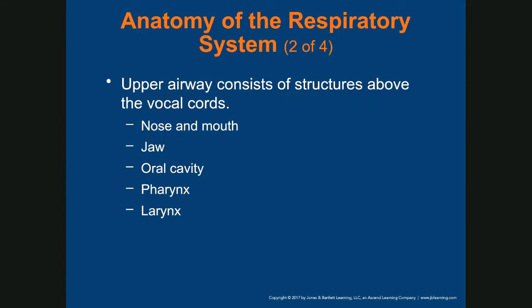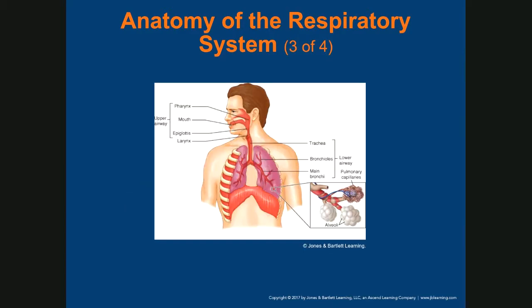The upper airway consists of structures above the vocal cords: the nose, mouth, jaw, oral cavity, pharynx, and larynx, where we have the vocal cords. And remember that anything above the larynx is considered upper airway. Anything below that is considered lower airway.